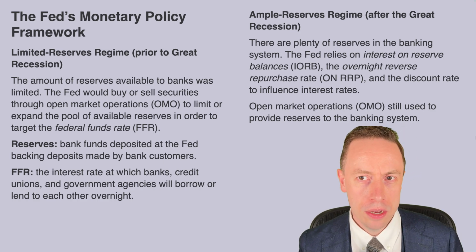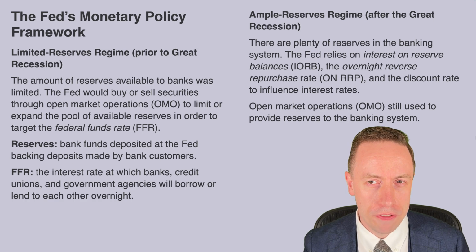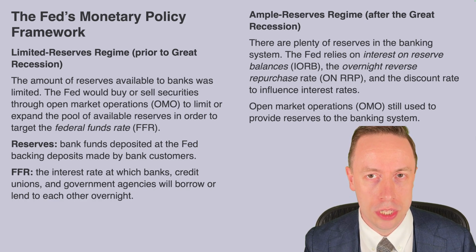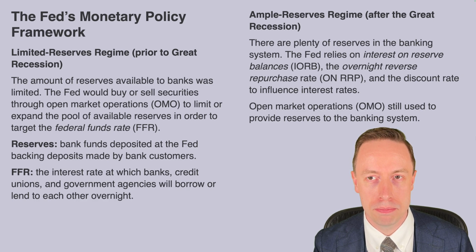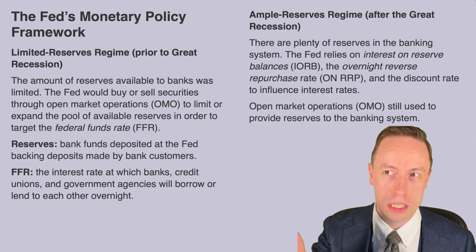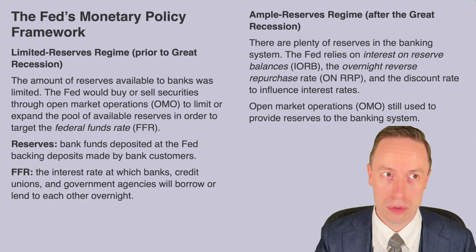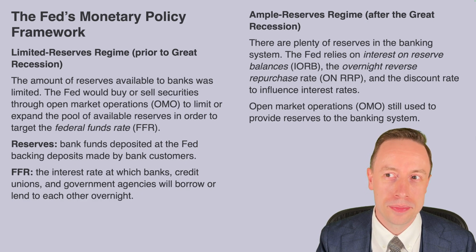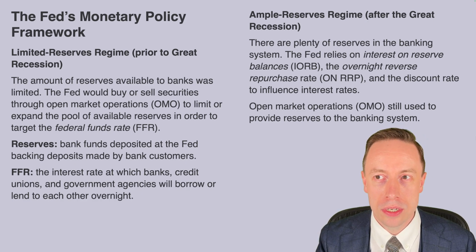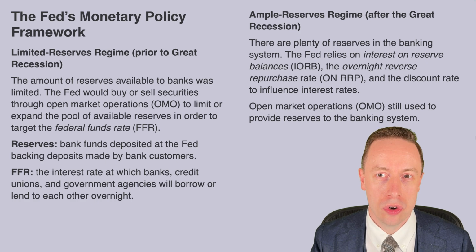And then something very similar is available to financial institutions that aren't banks. These financial institutions that aren't banks, they don't receive interest on reserve balances because they don't have reserve balances with the Fed. But they can engage in something with a very complicated title: overnight reverse repurchase agreements.